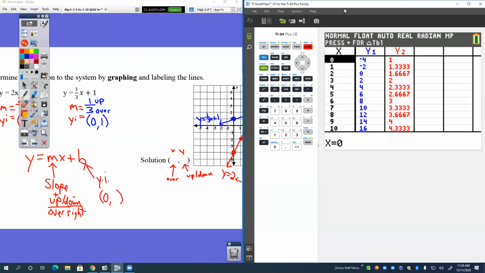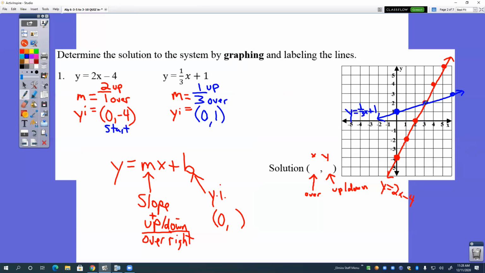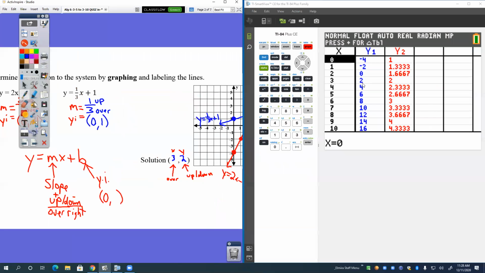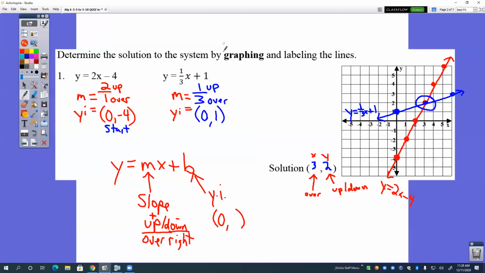Well, if we go back to our graph, where those two lines cross is that point that they have in common. They have the point 3, 2 in common because they have this point right here in common, which is 3, 2. Notice how that showed up on the calculator. It showed up as 2 and 2. They're the same. All right. So that's a little hack that you could use to help you get your solution answer.